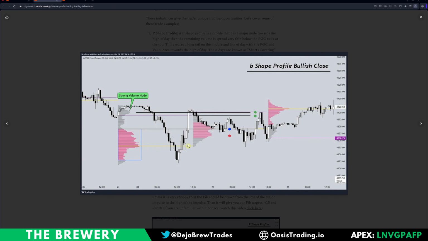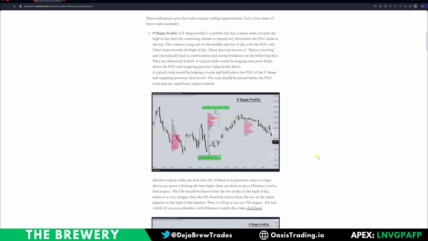If you would have taken the POC node, you damn near had a perfect entry, and you would have hit those prior value levels for your targets. So it depends really on where that buy pressure begins to come in. You can either look for that value area high, or you can look for that POC.